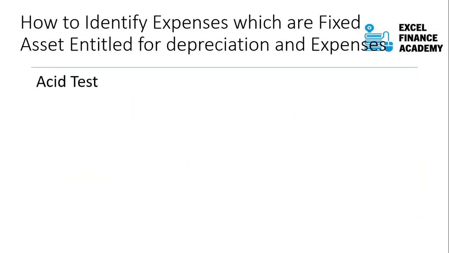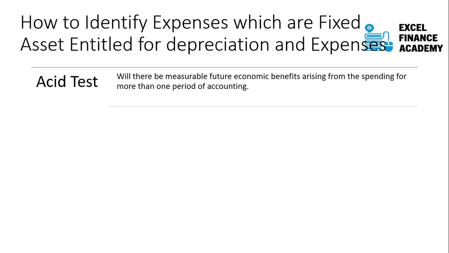Okay. So normally how do we identify which expense is going to be entitled fixed assets or what is going to be an expense? There is a simple test, we call it the asset test. When you see that future economic value is there by spending in more than one period of accounting. That is the accounting definition.